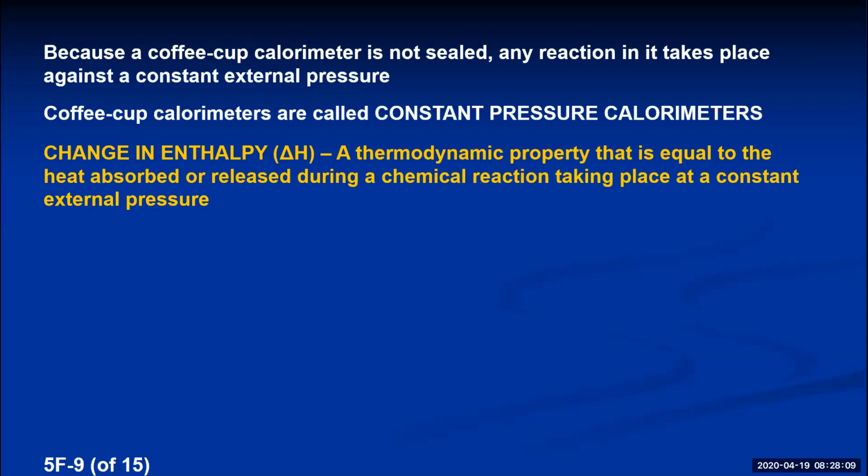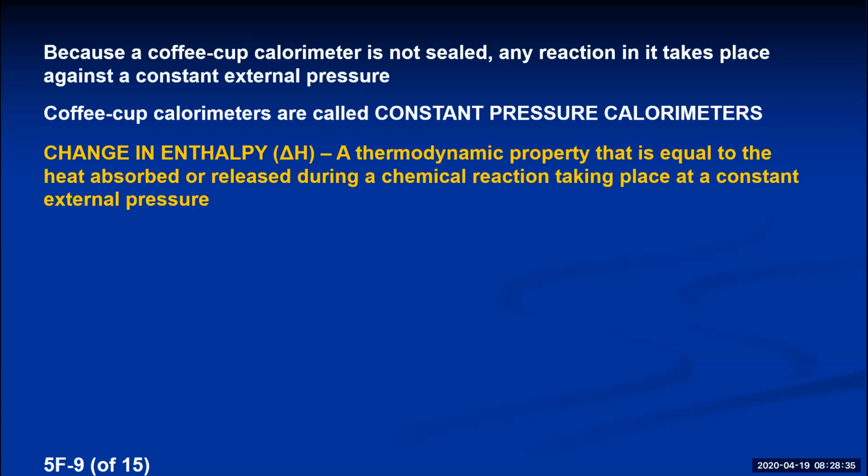So a second thing we're also going to be calculating in a coffee cup calorimeter is not only the heat given off or absorbed by the reaction, but something called the change in enthalpy of the reaction, which is abbreviated delta H. And it's a thermodynamic property that is equal to the heat absorbed or released during a chemical reaction, as long as it takes place at constant external pressure.